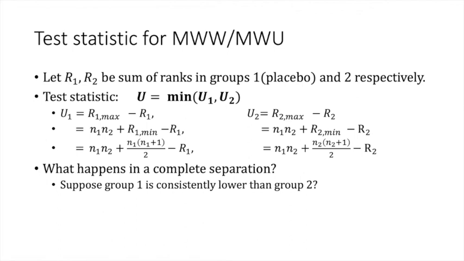Hence, R2 max minus R2 should equal 0. Therefore, U2 equals 0. Similarly, group 1 will occupy the lowest set of ranks, and the sum of its ranks, R1, will equal R1 minimum. If that happens, then U1 simply equals N1 times N2. You can pause the video and verify this for yourself.